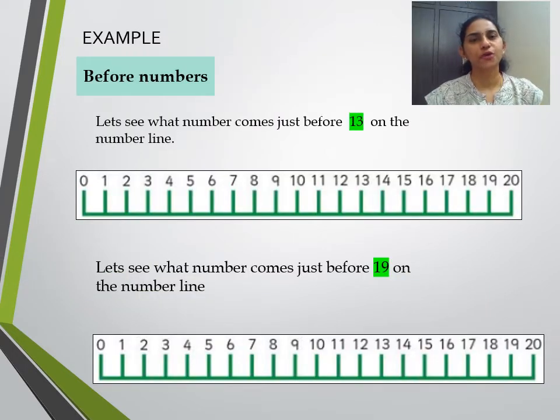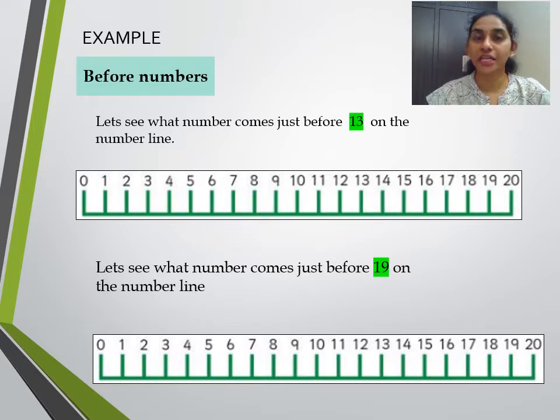We have a few more examples for before numbers, 11 to 20. We have a number line here, children, where the numbers are from 0 to 20. The first question: what number comes before 13? Where is 13 exactly on the number line? Here is 13. Just before 13, what number comes?